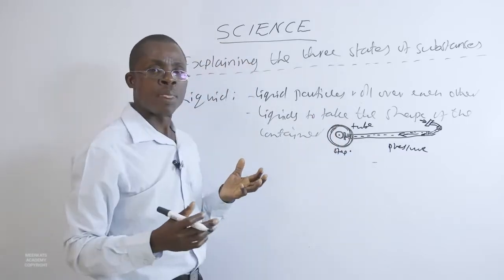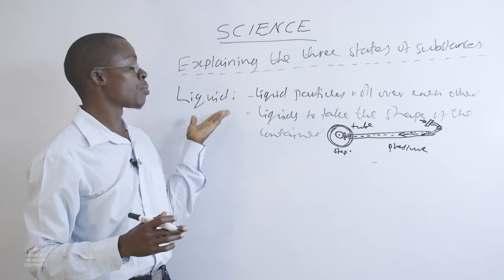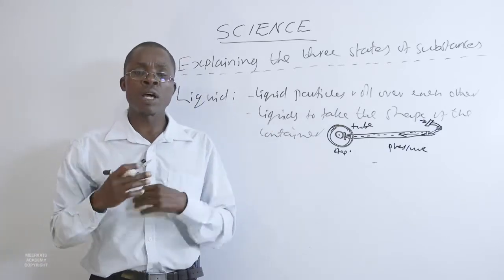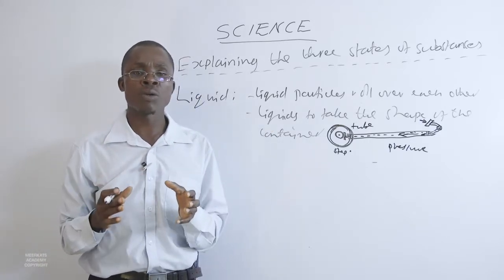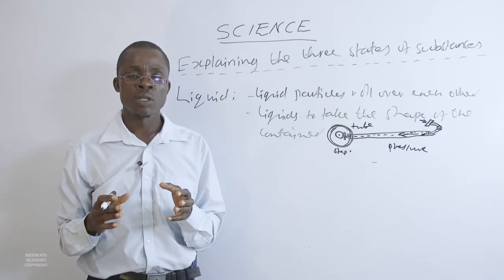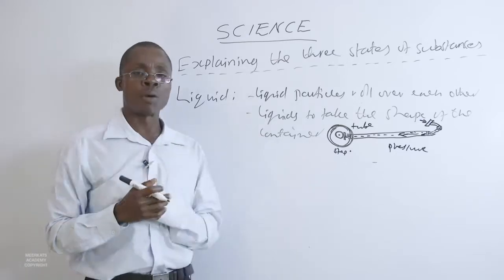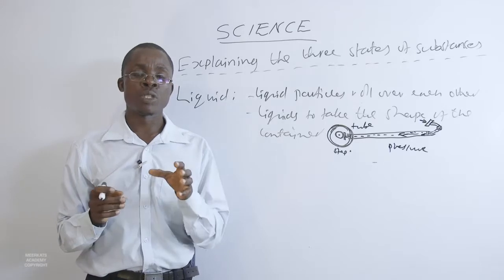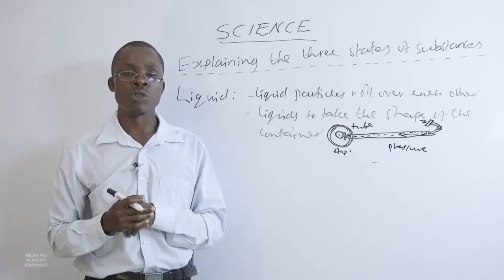What is that? That is an explanation to do with the property of liquids. You are trying to look at how a liquid is, and use its properties to put it to its rightful use.